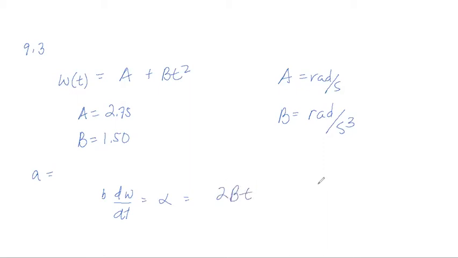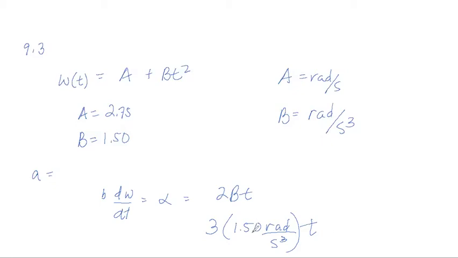So 2b is going to be equal to 3 times 1.50 radians per second cubed times t. And we're asked for t equals 0. Well, that's going to be 0. And for t equals 5, we're going to have 5 times that.